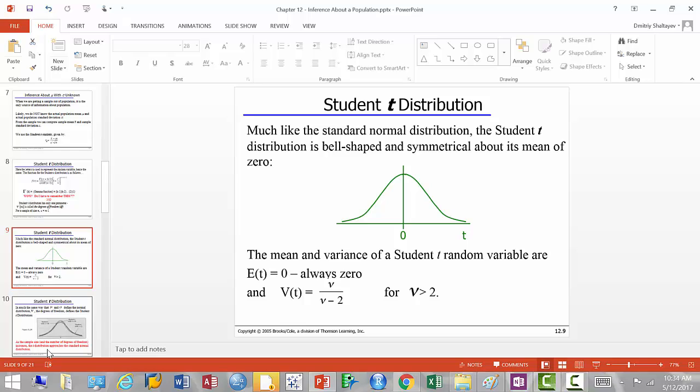Student's distribution has 0 as the center, so the mean is 0. But the standard deviation actually varies. Student's distribution takes only one parameter. Remember that every distribution takes parameters, and it varies from distribution to distribution what kind of parameters a distribution takes. For example, let me ask you this question: how many parameters do I need to fully get the shape and location of the normal distribution?